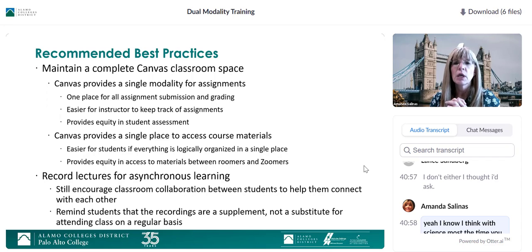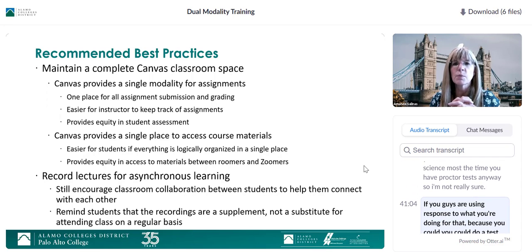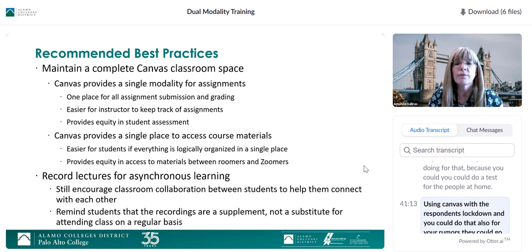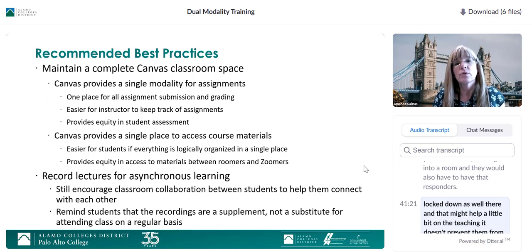I'm not really sure if you guys are using Respondus or what you're doing for that. Because you could do a test for the people at home using Canvas with the Respondus lockdown, and you could do that also for your roomers. They could go into a room and they would also have to have Respondus locked down there, and that might help a little bit.